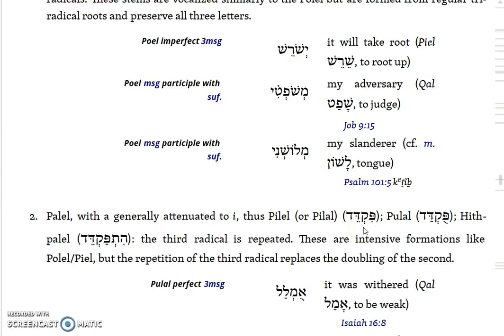Active would be pikder. Passive would be pukdar. And again, this is like a piel and a pual, but instead of doubling the middle consonant in the normal pattern, you reduplicate the final consonant. So the root is pe, kof, dalet, but you're doubling the final consonant of the root, and you get the double stem by doing that.